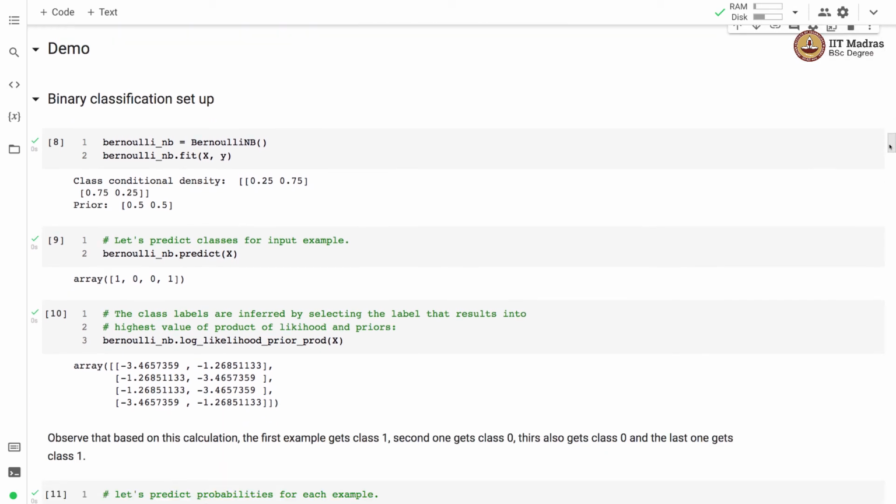Now I'll give a short demonstration of this implementation in two setups. The first is a binary setup and the second is a multi-class classification setup, and you can see that the same implementation works in both the binary as well as the multi-class classification setup. So here we first instantiate an object of Bernoulli naive Bayes and we use it to estimate the parameters for the given feature matrix and the label vector.